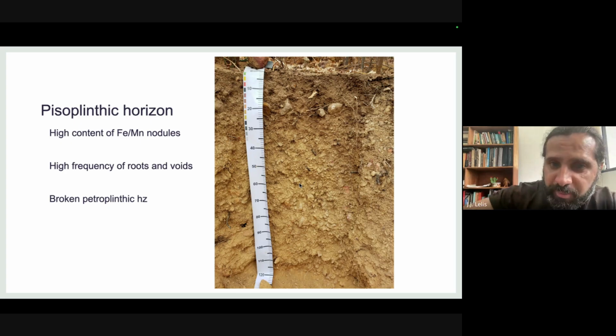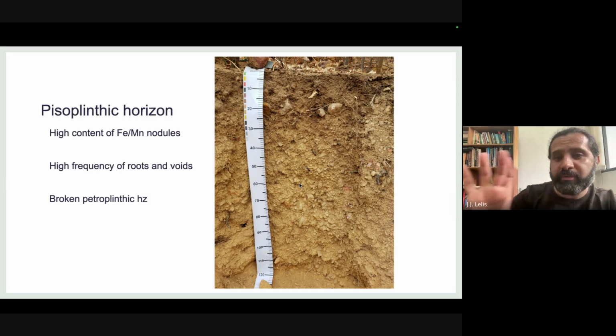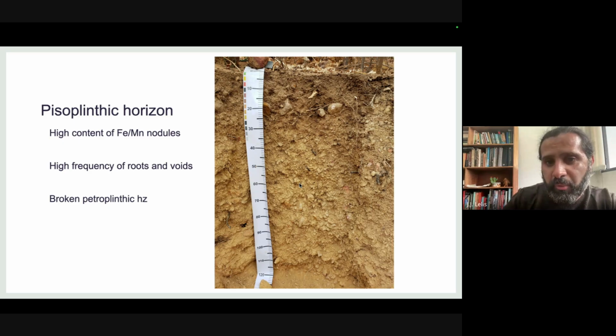And some people also say that the pisoplinthic horizon can be one step before the petroplinthic horizon, when we have some cementation, but the cementation is not strong enough to create a continuous petroplinthic horizon, okay? A continuous horizon cemented by iron, okay?